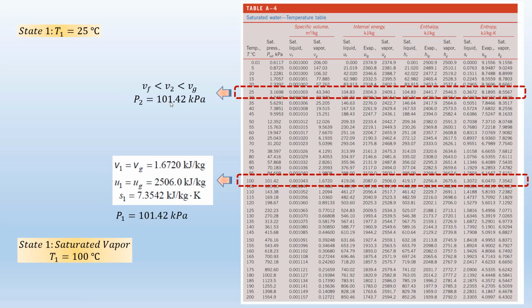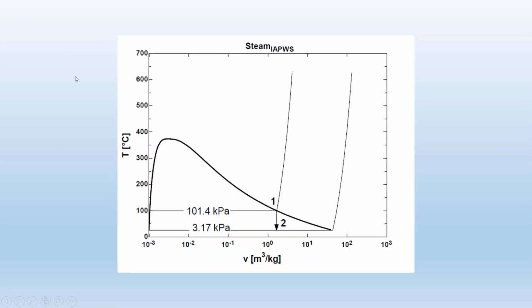You can simply plot the T-ν diagram. So this is the general sketch for the T-ν diagram. And then what happens is that the first state is saturated vapor. So this is state 1, and then we move at constant volume, or constant ν, in this direction, and the temperature decreases. The second temperature is 25, so we move downward.